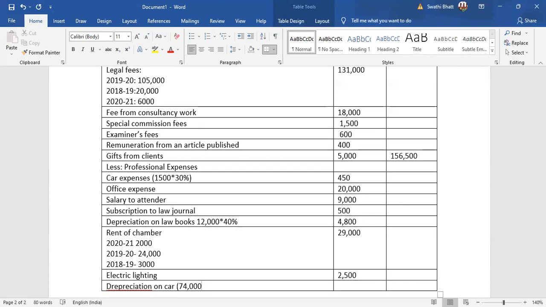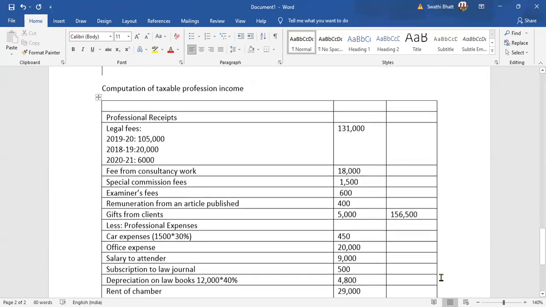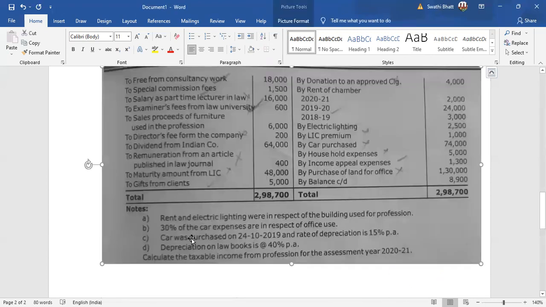If the asset is used for less than 180 days, you halve that percentage and then calculate. So we look at the information to see if there is anything related to the car. If you can see it, the car was purchased on 24/10/2019.